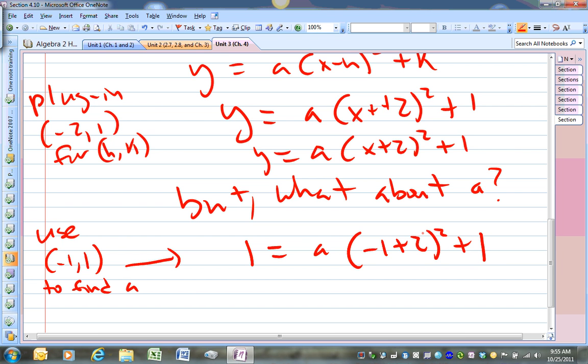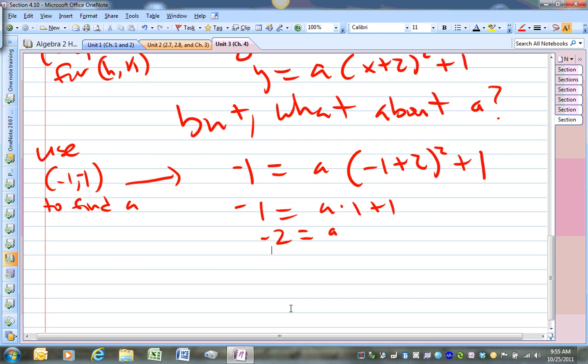So use -1 and 1 to find a, plug in for x and y. And, oh, -1. My apologies. Y is -1. So a is -2. So your equation is y equals -2(x plus 2) squared plus 1.